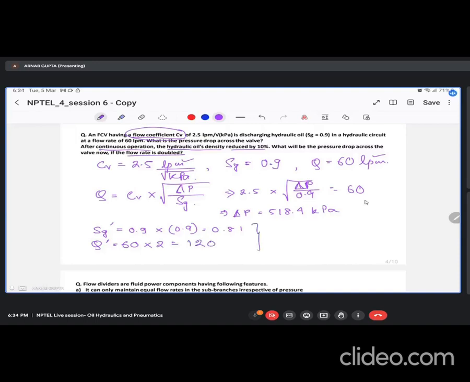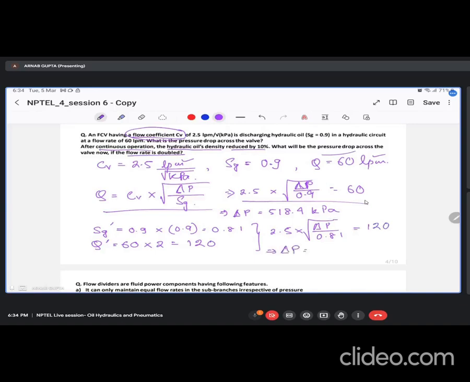So from here you can again calculate delta P by using this same equation. CV is constant, so 2.5 multiplied by root of delta P, so they're asking you the new pressure drop, divided by 0.81, equals 120.